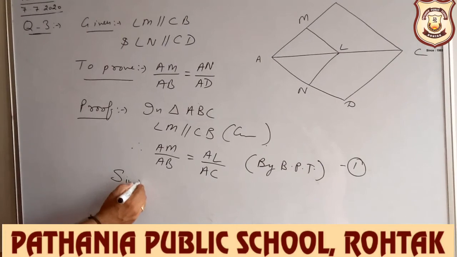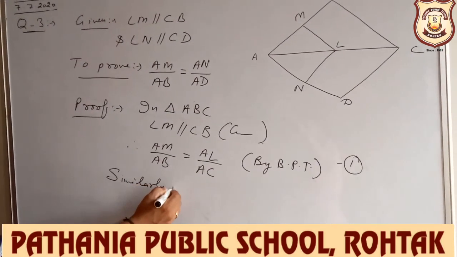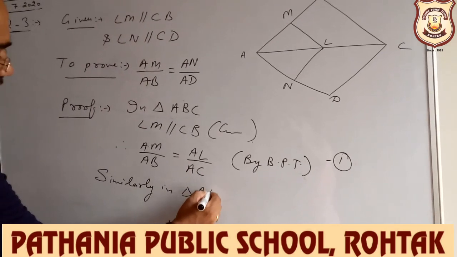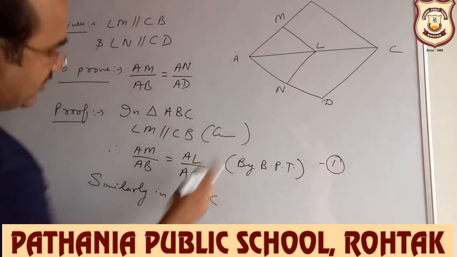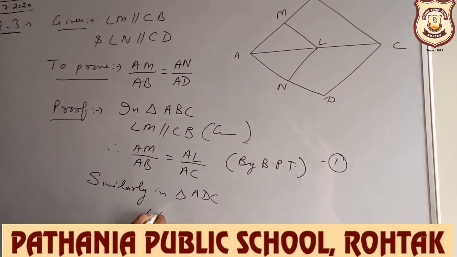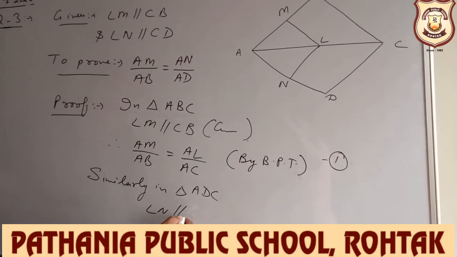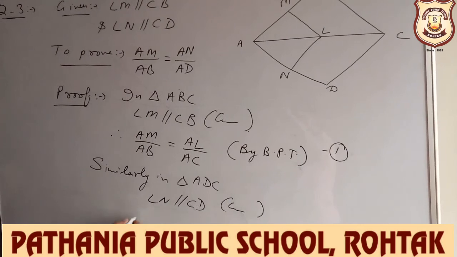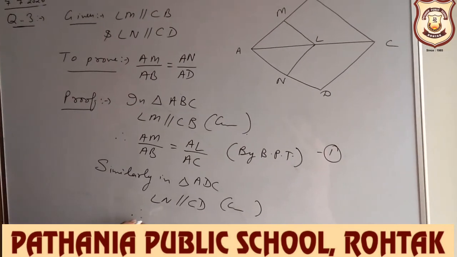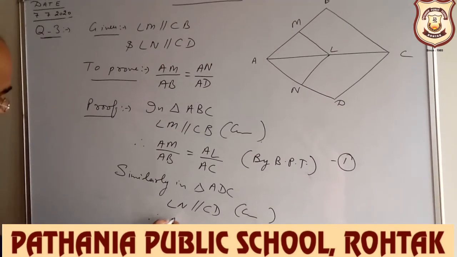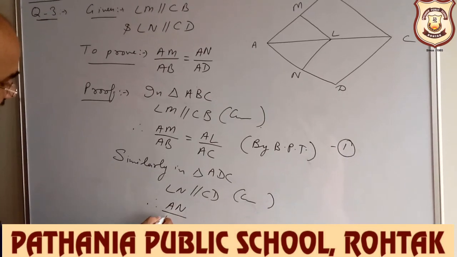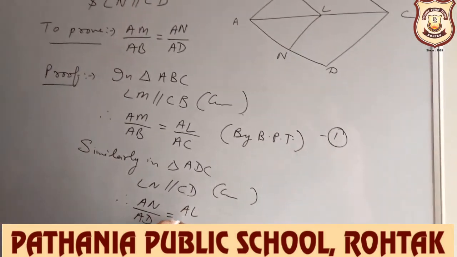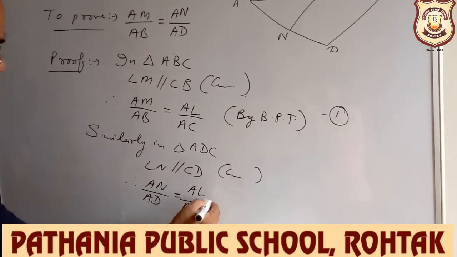Similarly, in triangle ADC, LN is parallel to CD. It is given. Therefore, AN upon AD is equal to AL upon AC.